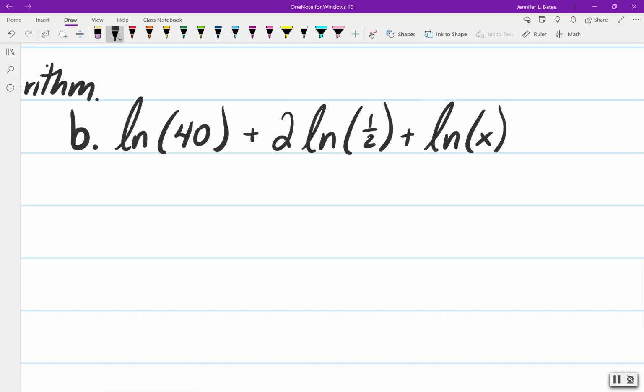All right, so I've got 3 logs being added. Seems like I'm going to use property 1, but before I can do that, what do I have to take care of? The 2 out front.